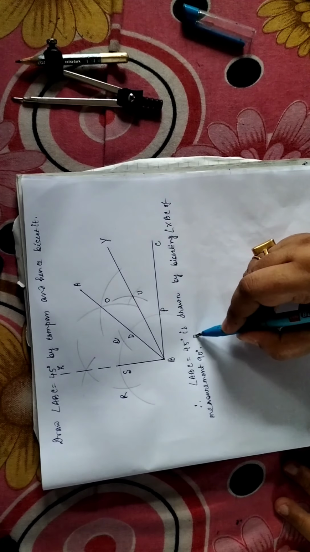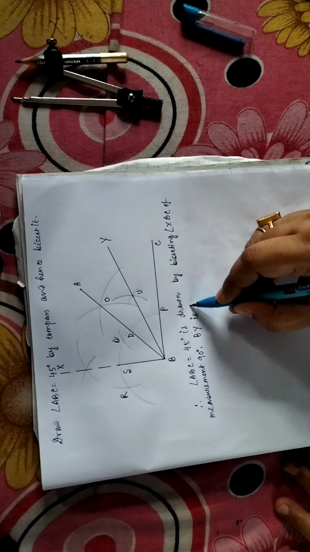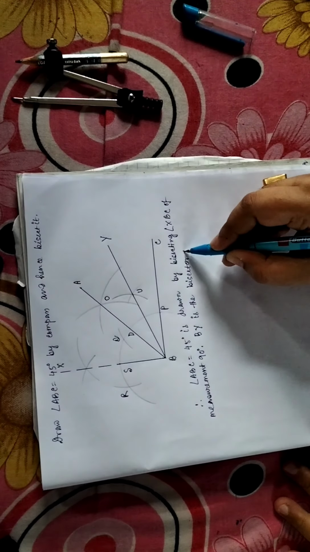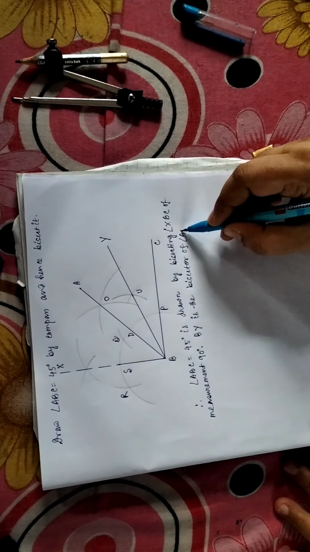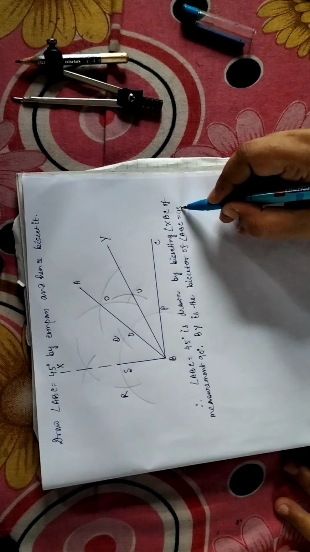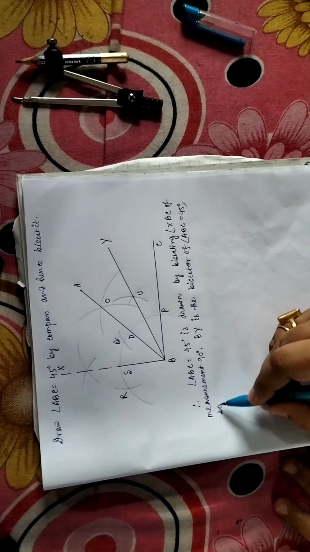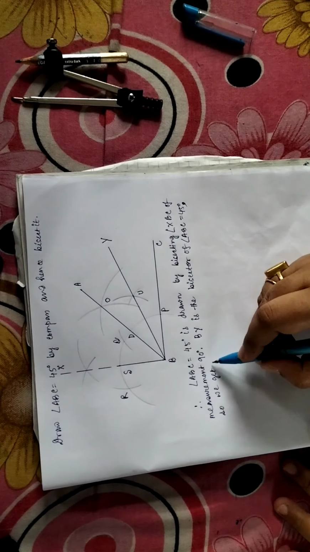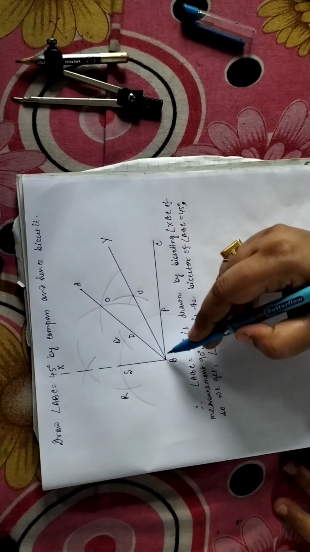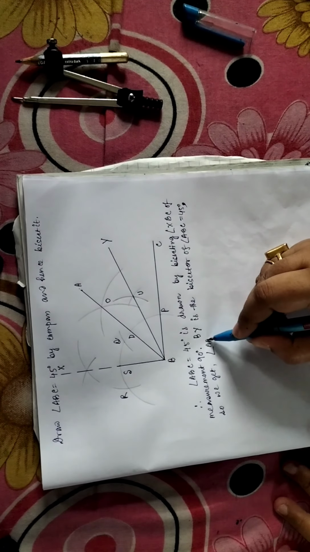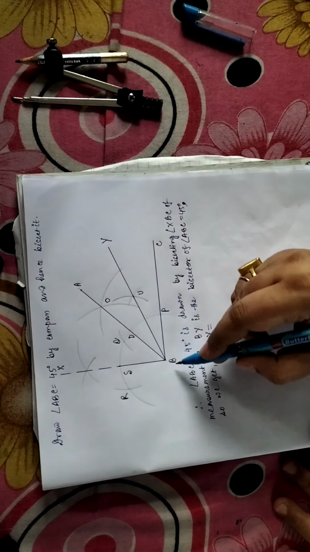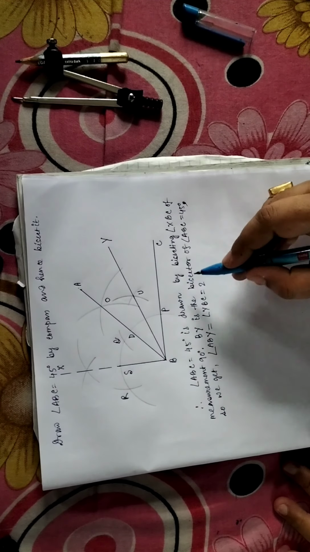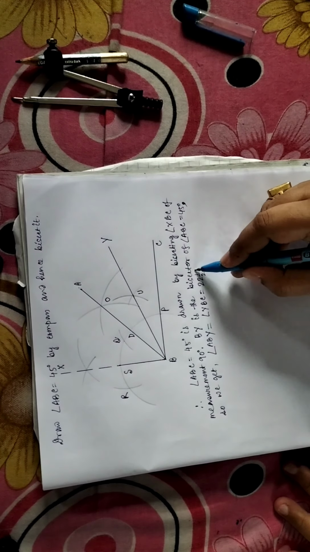BY is the bisector of angle ABC equals 45 degree. So here we get angle ABY equals angle YBC equals 45 by 2, means 22.5 degree.